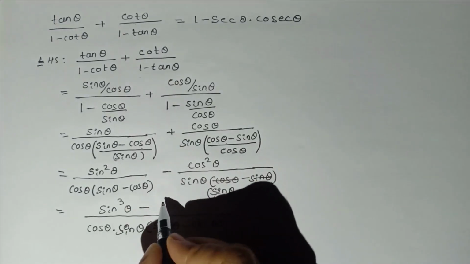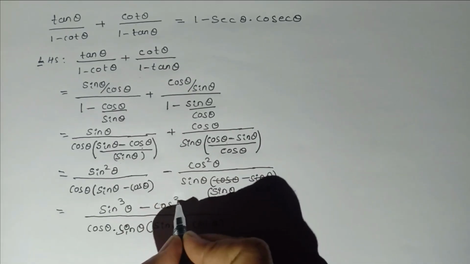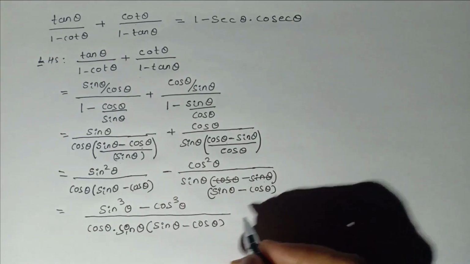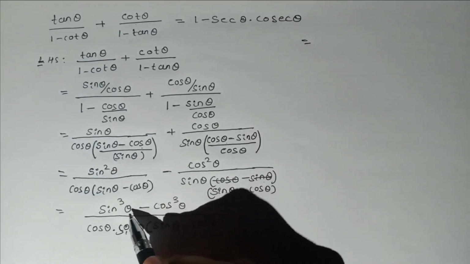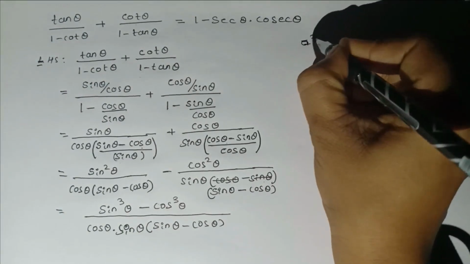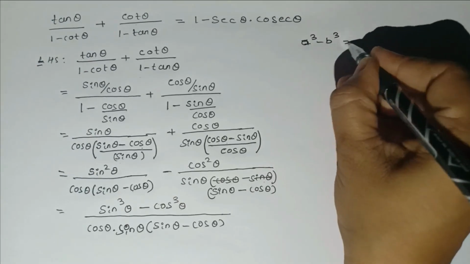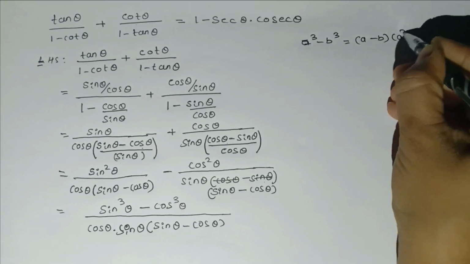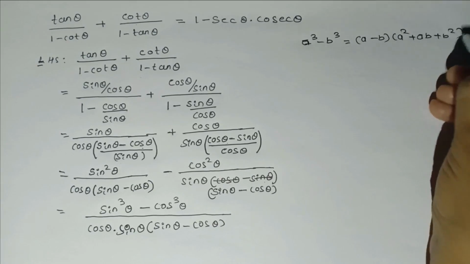So here cos cube theta. Now, which is equal to, sin cube theta minus cos cube theta is of the form a cube minus b cube. So a cube minus b cube can be written as a minus b into bracket a square plus ab plus b square.